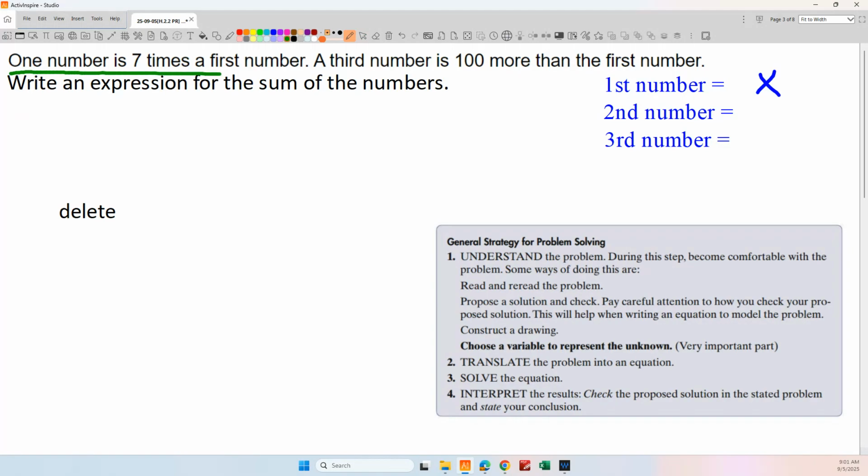What does this tell us? Okay, second number is 7x. And the third number, okay, so we want to write an expression for the sum of the numbers. What would that be?